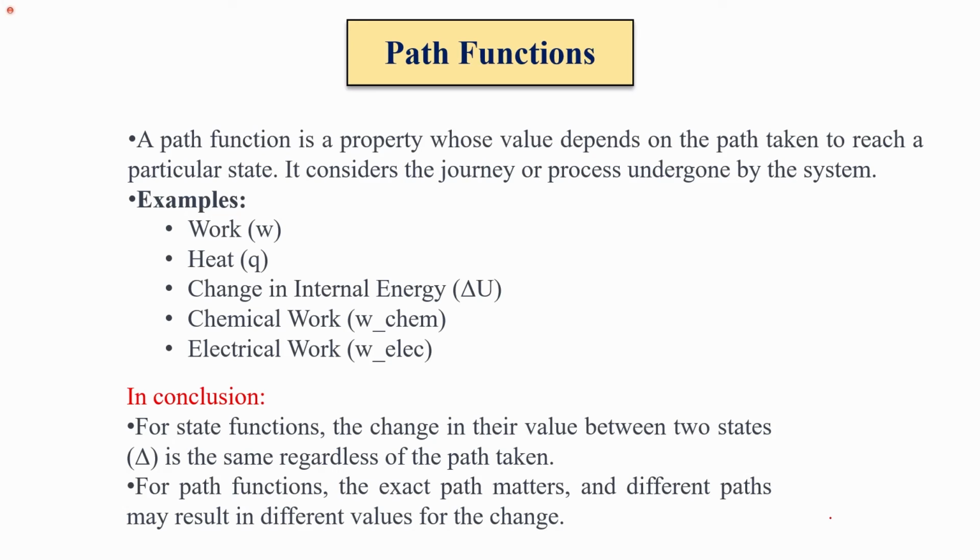Now we will study what is a path function. A path function, as the name suggests, depends on the path. A path function is a property whose value depends on the path taken to reach that particular state. So basically it considers the journey or process undergone by the system.